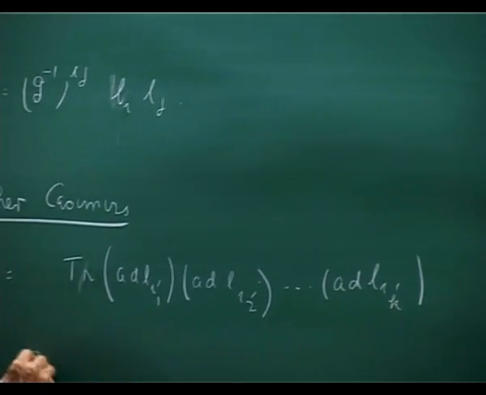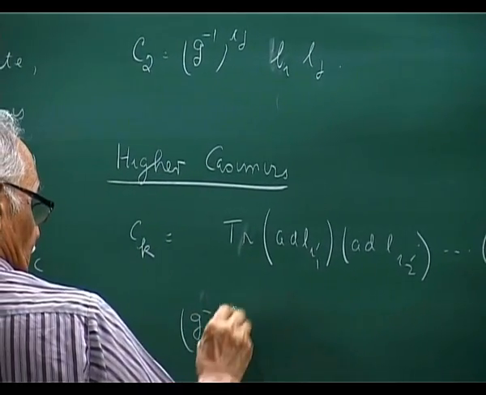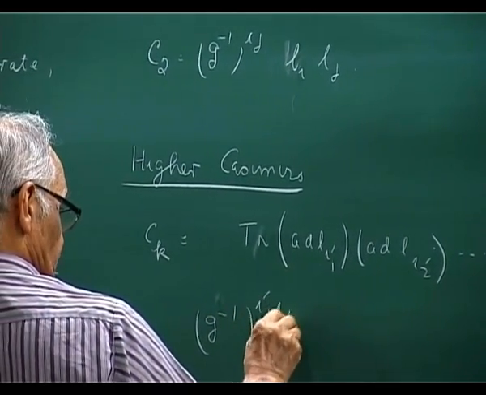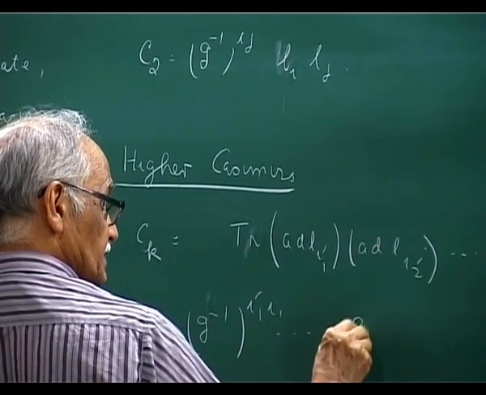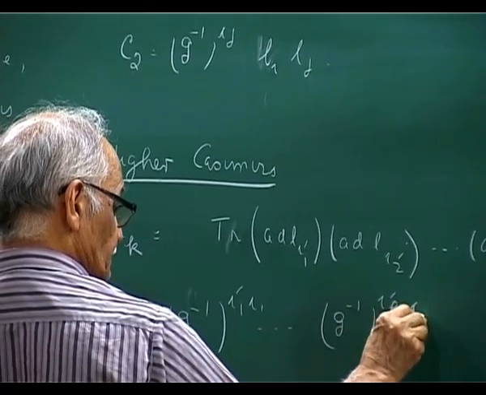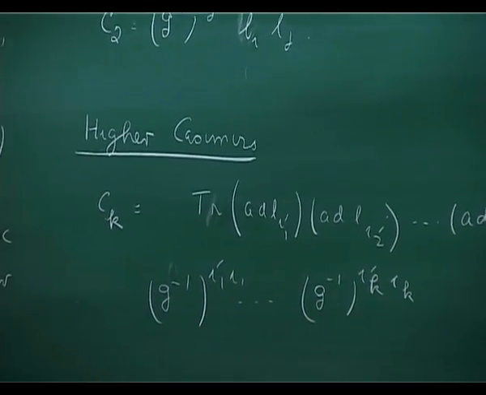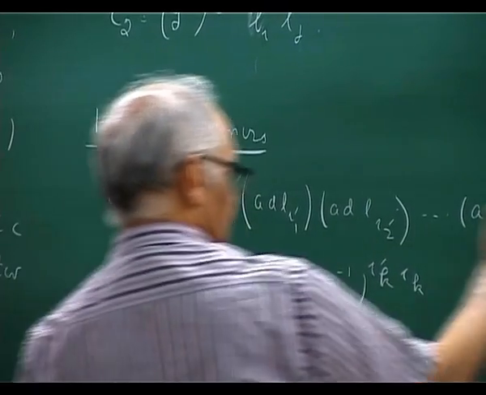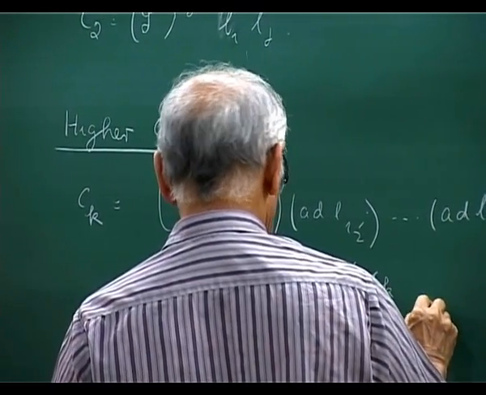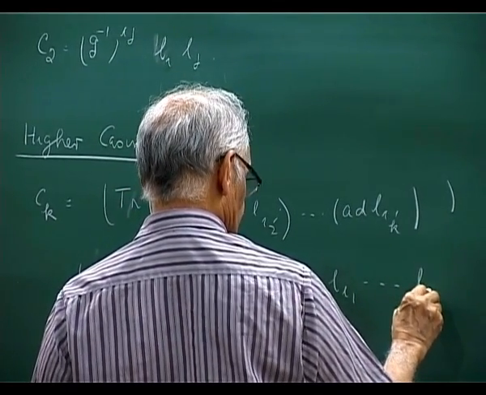Then you multiply it by g inverse i1 prime i1, g inverse ik prime ik, times L_i1 up to L_ik.